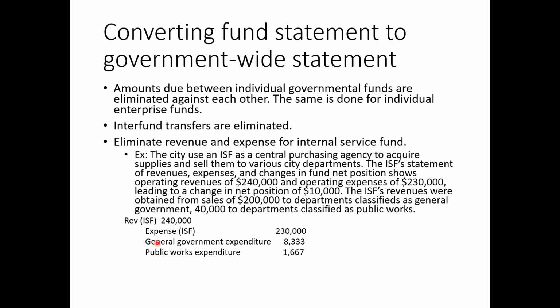In addition, we're going to reduce the expenditures from the general government and public works by $10,000, because currently the expenditure is $240, right? The true expenditure should be $230. So we're going to reduce by their proportion, the 10,000 reduction in total expenditures. By recording this, we can correctly show numbers on the government-wide statement.